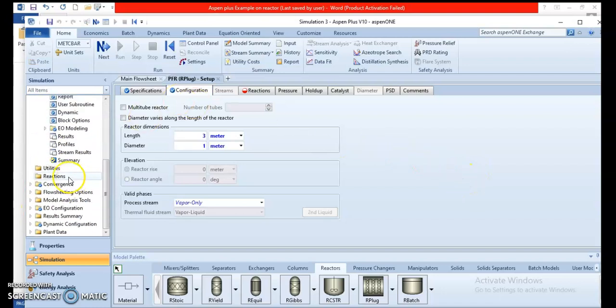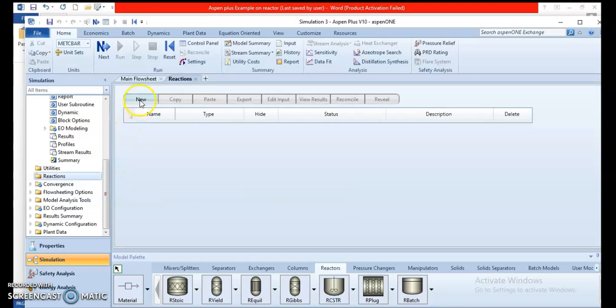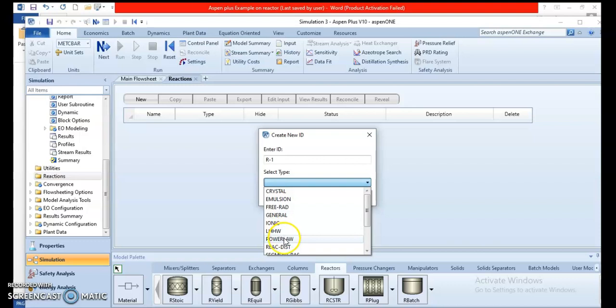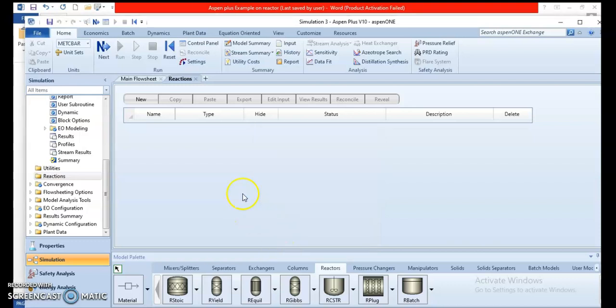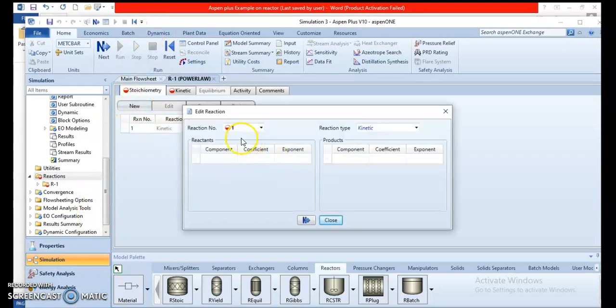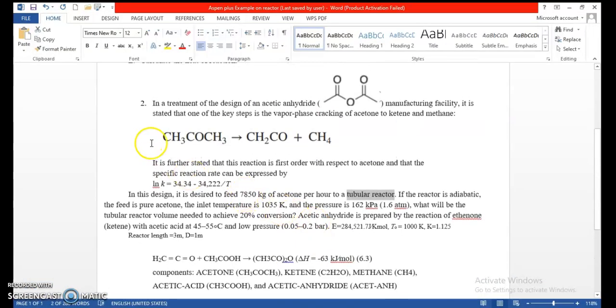Now we can go to the reactions. You can click on the new button, and it says R1. You can click on the port now, and then I click on OK. Then click on the new, and in the reactant side, acetone is introduced as a feed, and the coefficient is 1 because we see the reaction doesn't have any coefficient.